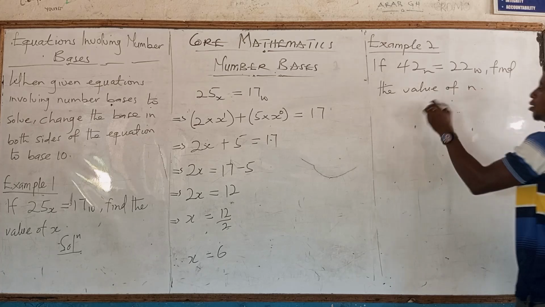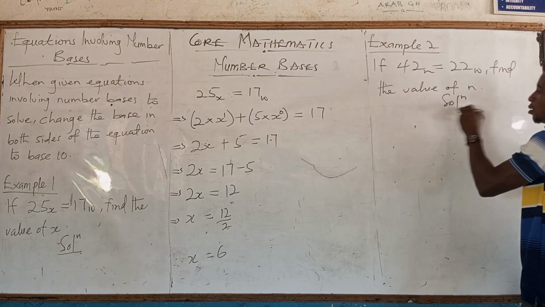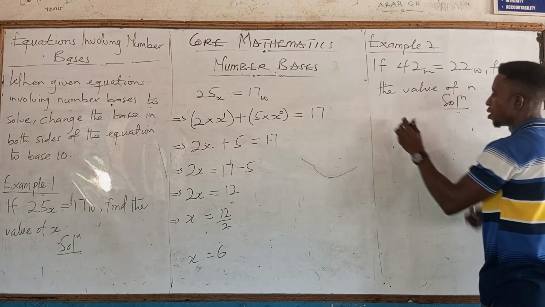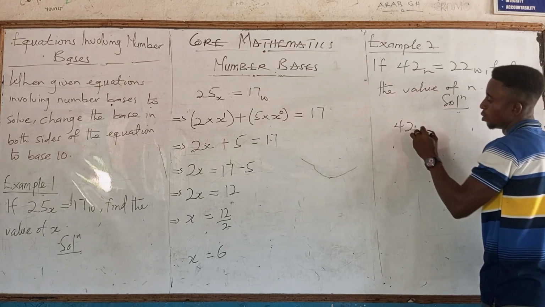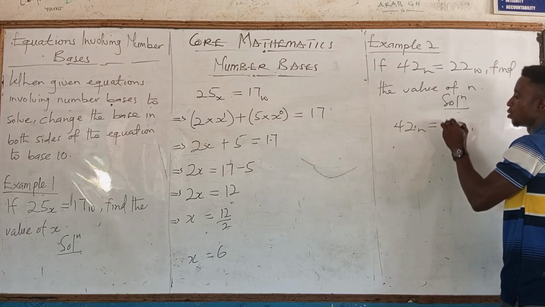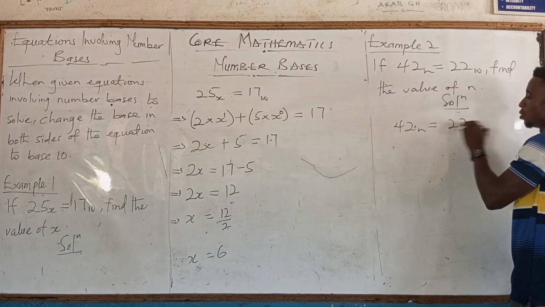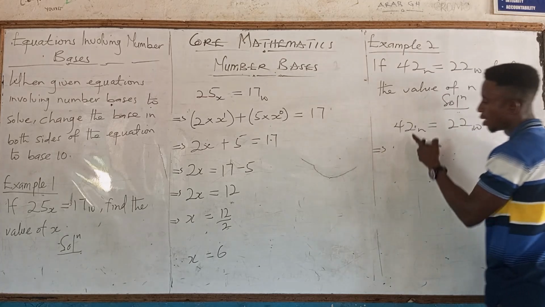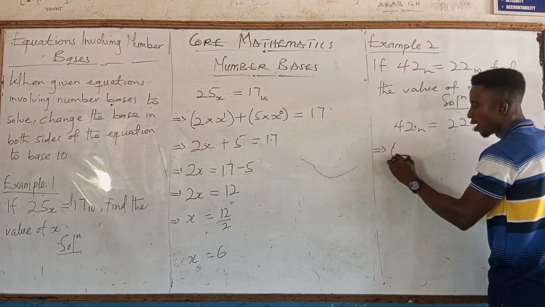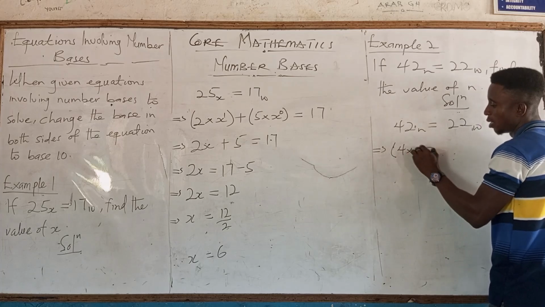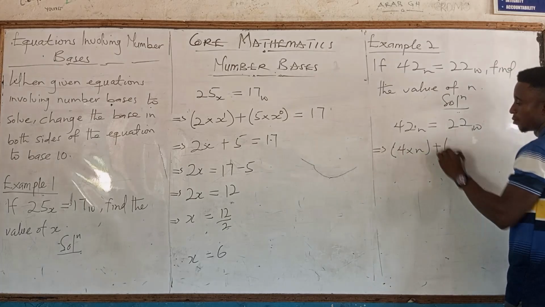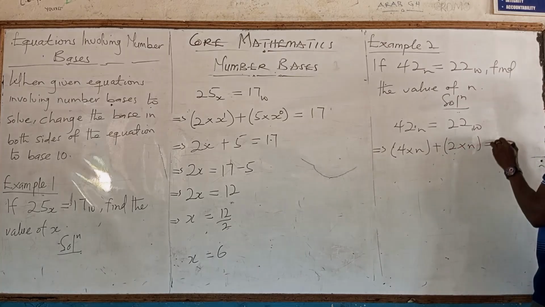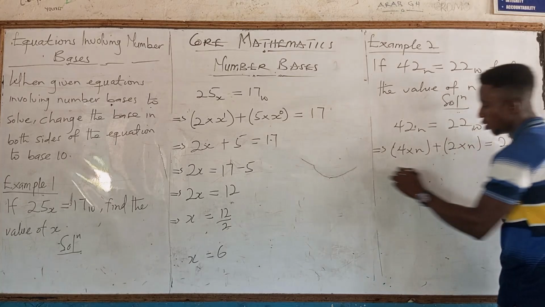Solution. So what do we do? We write the equation: 42 base n is equal to 22 base 10. This implies that converting this one to base 10, I'll have 4 times n plus 2 times n to the power 0, which is equal to 22.